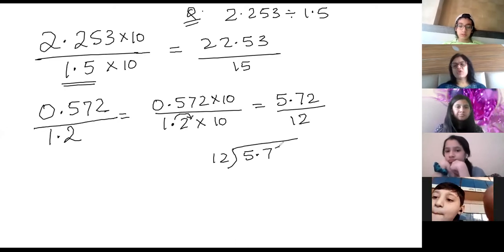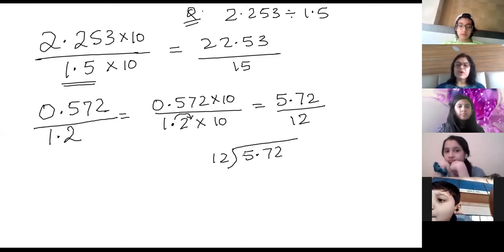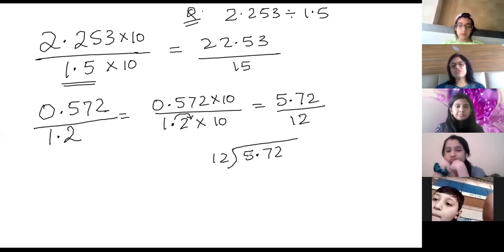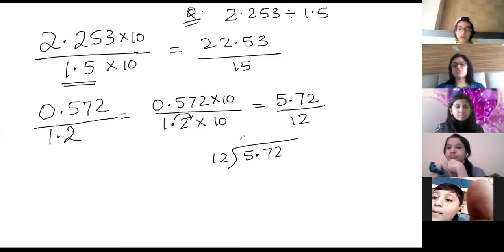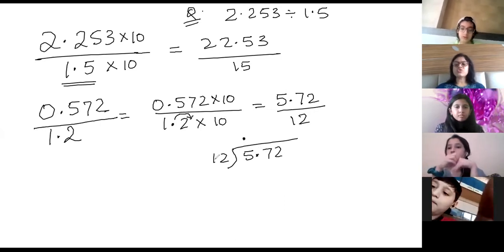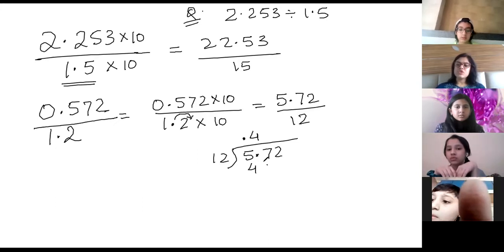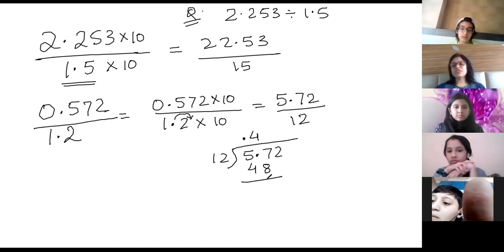Now divide 5.72 by 12. Ibrahim, now pay attention. Now 5 will not go by 12, so you will have to take 57. Now 57, you have a decimal in between, so I'll put the decimal. And 12, how many times 57? 12 fours are 48. So 57 minus 48 is how much? 9. Okay.